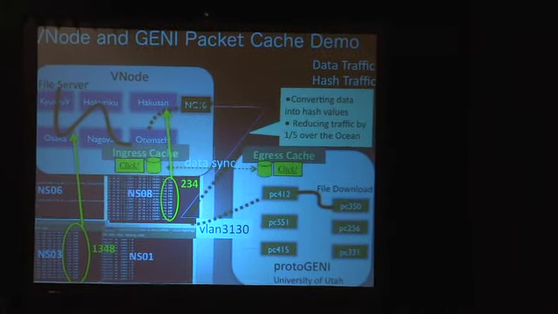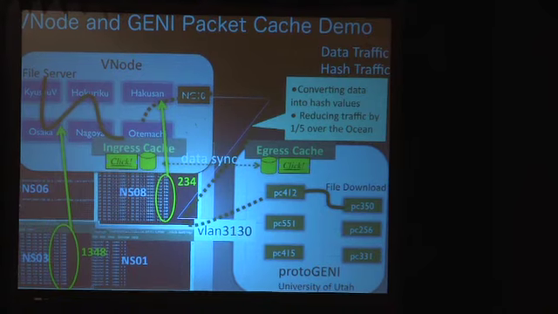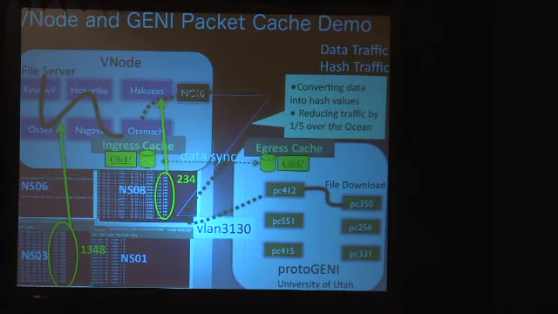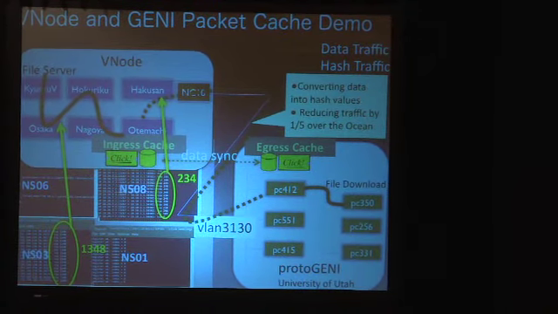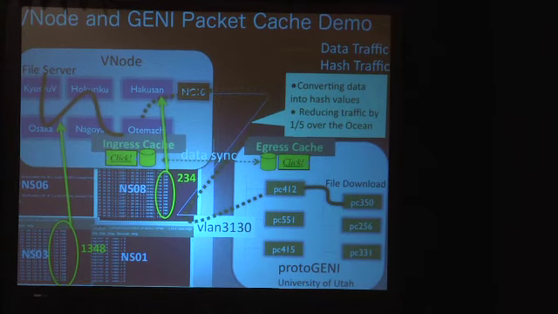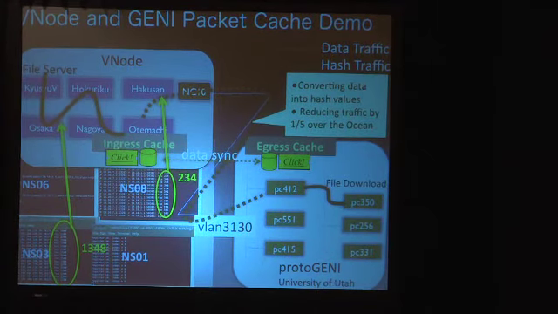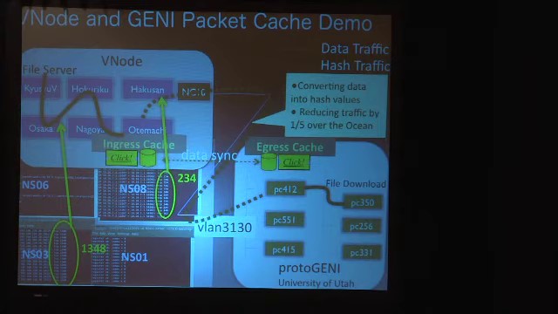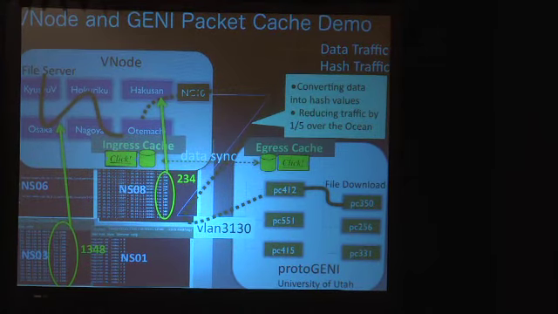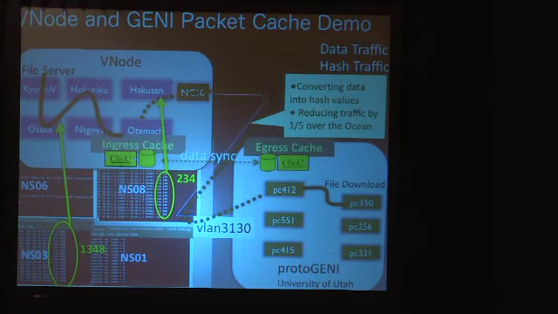The entire picture of this packet cache slice is like this. From the Kyushu node in VNode, in the southern part of Japan, we have a bunch of nodes, and a file server sitting there, and in GENI, we create a file download client, and this client is going to download the content going across the Pacific Ocean and through our VNode slice to get to the file server.